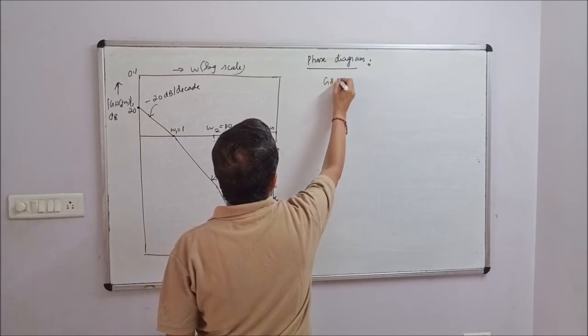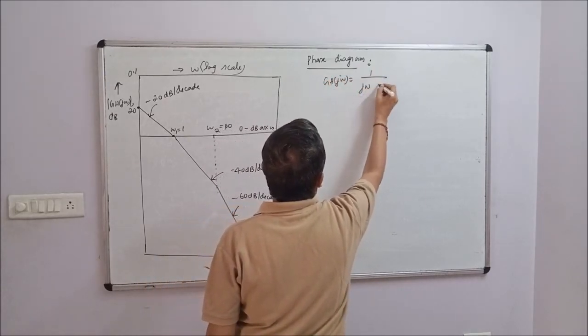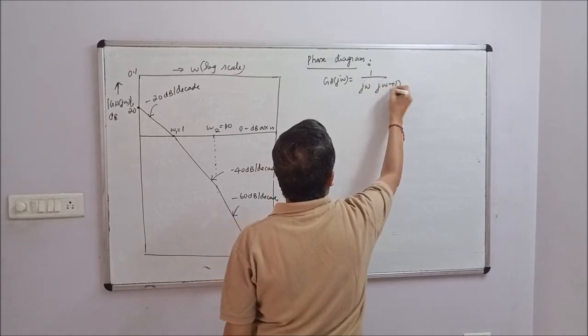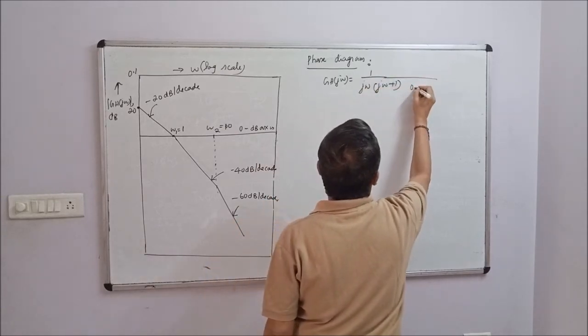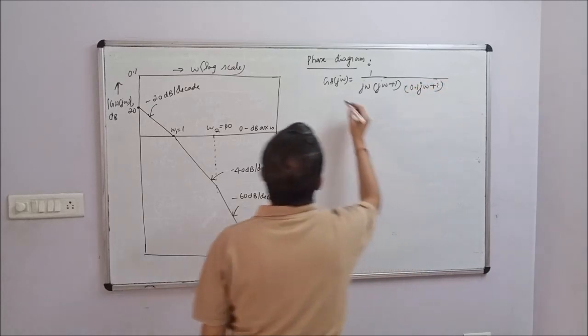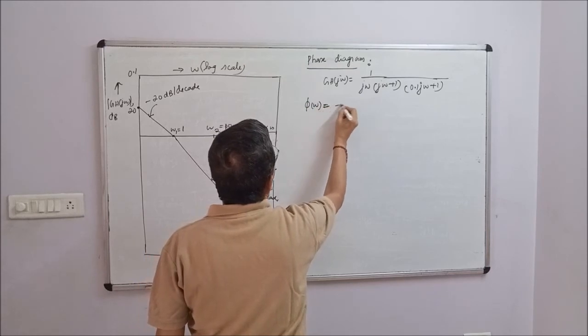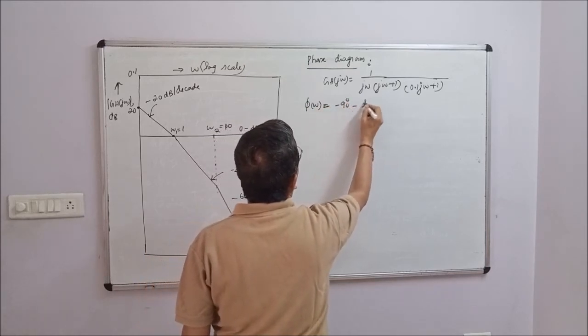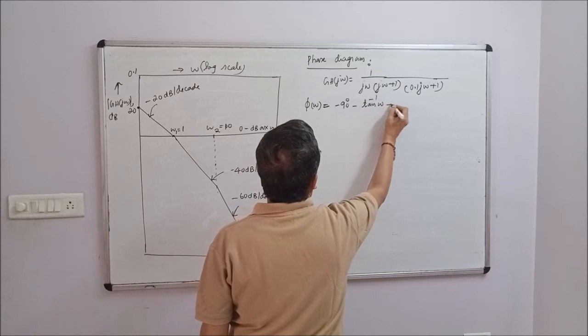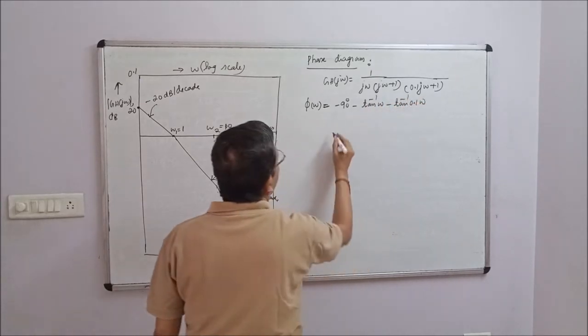GH of j omega is equal to 1 divided by j omega into (j omega plus 1) into (0.1 j omega plus 1). Phi of omega is equal to minus 90 degrees minus tan inverse of omega minus tan inverse of 0.1 omega.